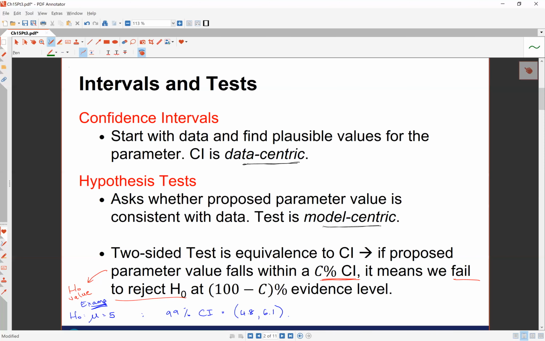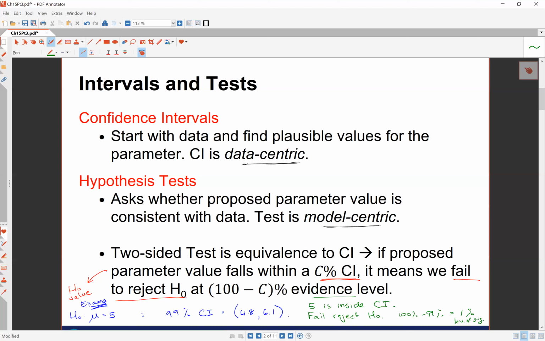Now, notice that the null hypothesis value is inside the confidence interval. That means we would not reject the null hypothesis here, and our evidence level would be 100% minus the 99%, so a 1% evidence level that we also call a level of significance, right?